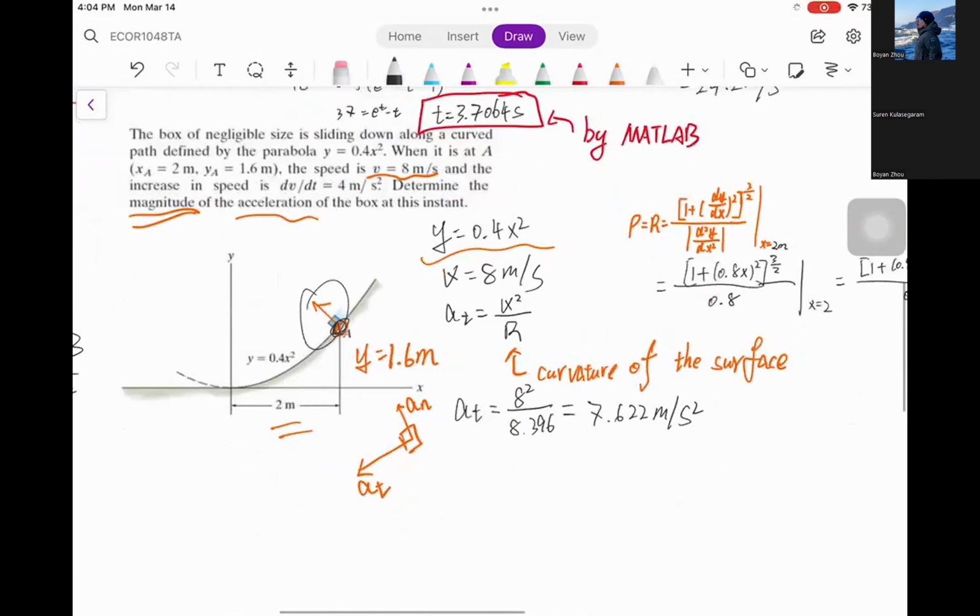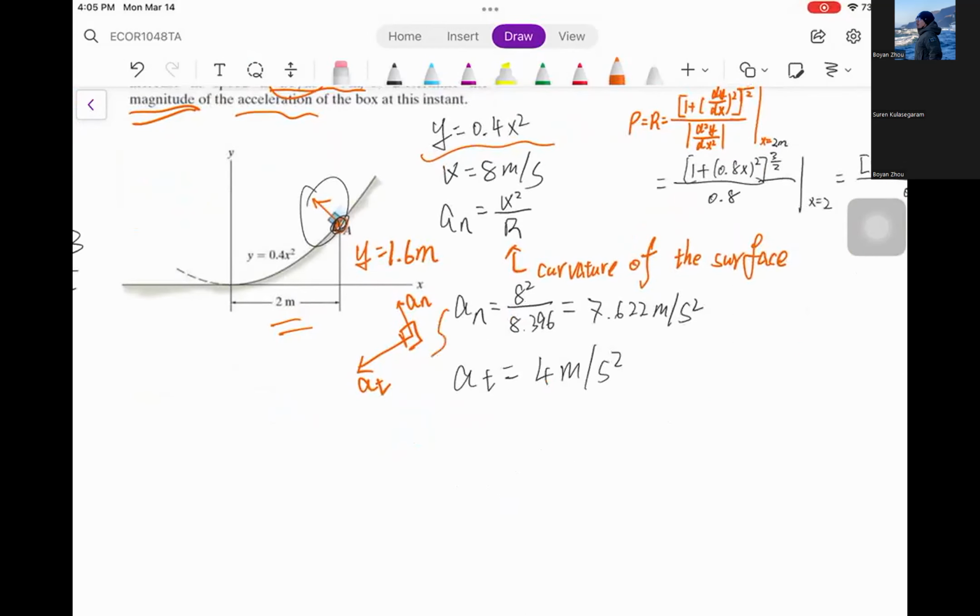So now we find the a_n, but actually this one should be the normal acceleration. So now we get the number for the normal acceleration, and the number for the tangential acceleration is given here. Remember, dv over dt is just the acceleration. So simply state that the tangential acceleration at this point is equal to 4 meters per second squared.